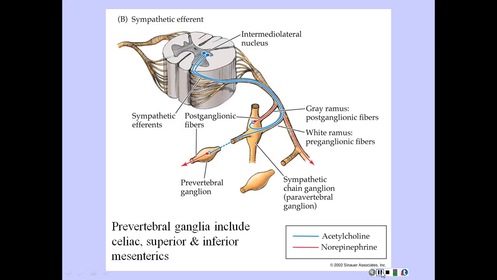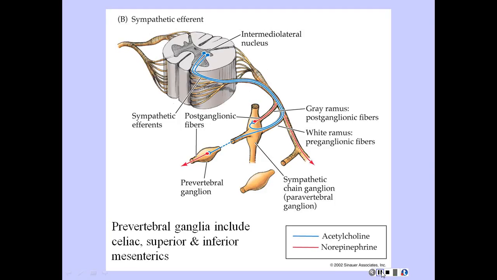Well, go back to the rule. All preganglionic autonomic axons are myelinated. And in fact, it's still the first axon. So the neuron located in the spinal cord sends its axon out to the ventral root, enters the spinal nerve, and loops around to the white ramus. White because they're myelinated. The first option to find that postganglionic neuron is to find a neuron at the same level in the sympathetic chain, which extends all the way on either side of the vertebral column.